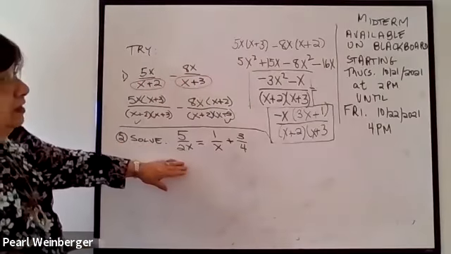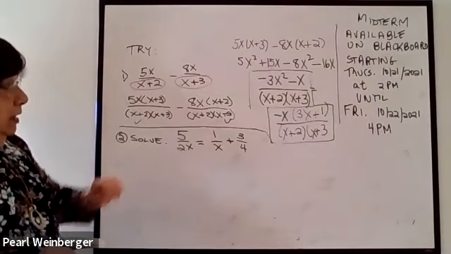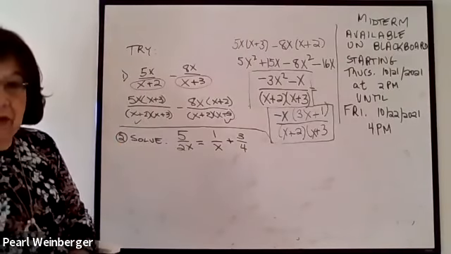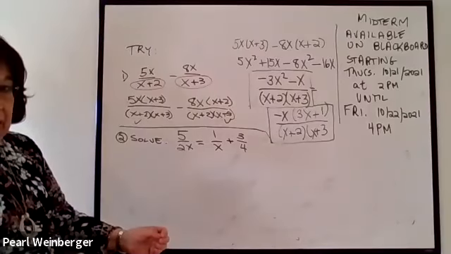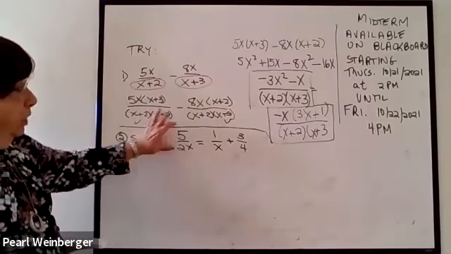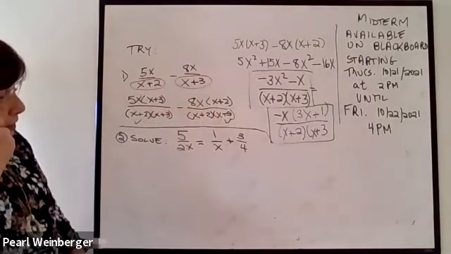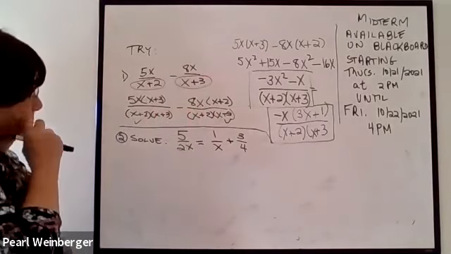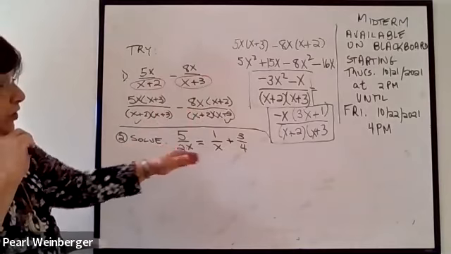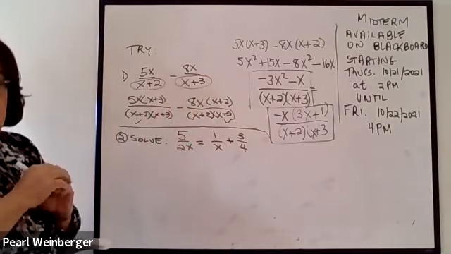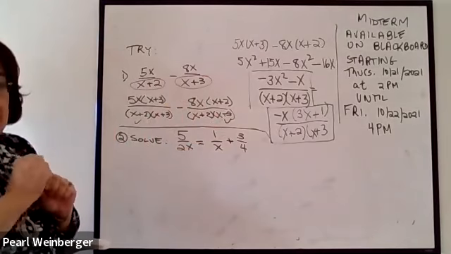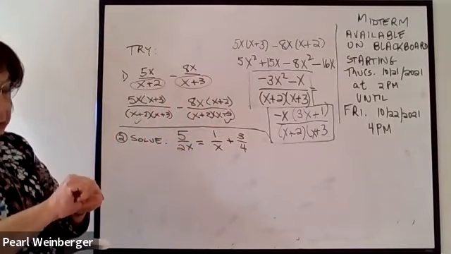Okay, the second thing we talked about on Tuesday was solving what we called rational equations that have fractions in them. And just like we did with adding and subtracting, in order to solve these, we have to find a common denominator.